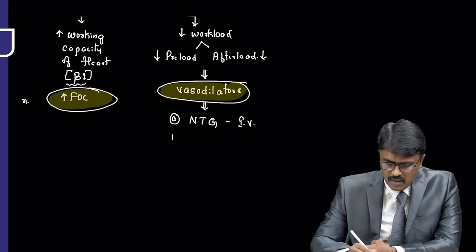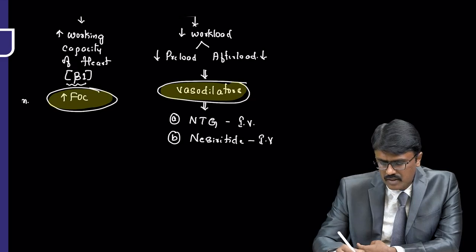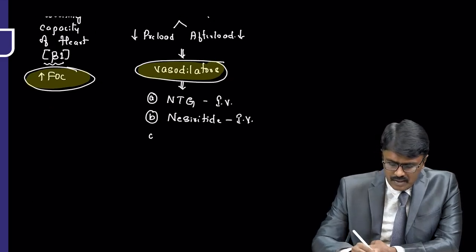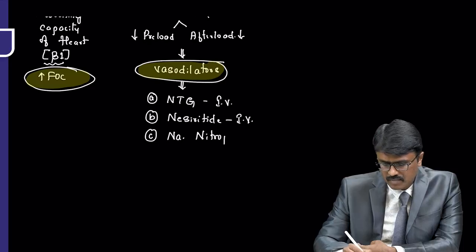If the patient is not responding to that, we can add one more drug, nesiritide, and it is also given as an intravenous drug. Then we have a drug by the name sodium nitroprusside.